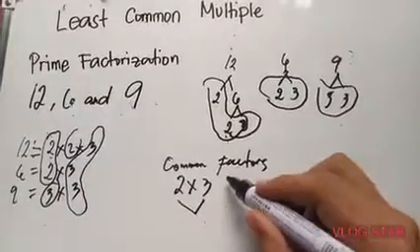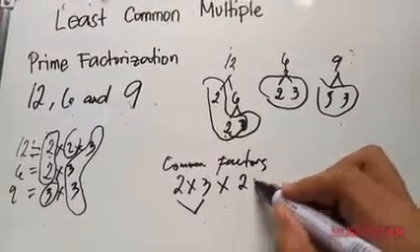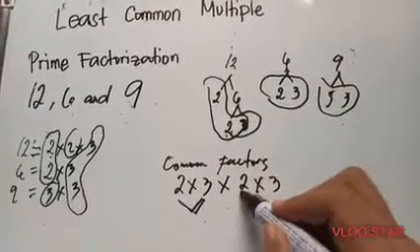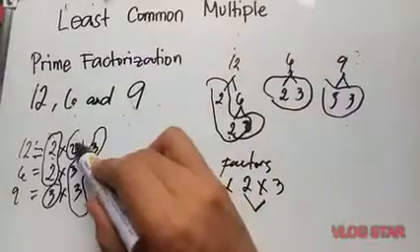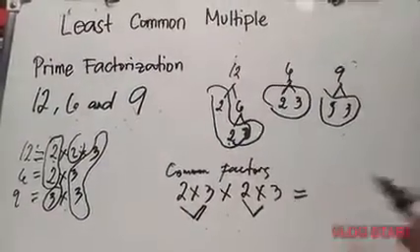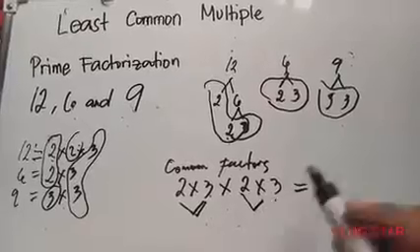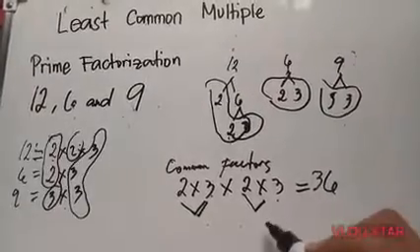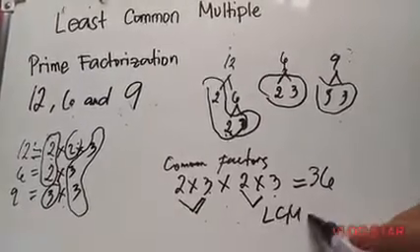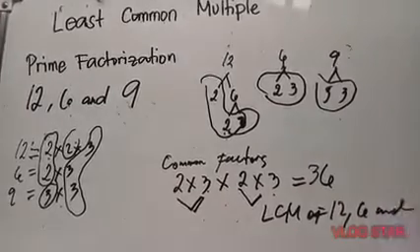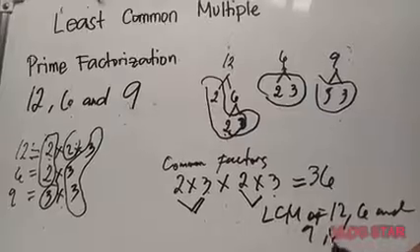Again, this is the common factor, then 2 and 3 are the remaining factors. So multiply: 2 times 3 is 6, times 2 is 12, times 3 is 36. So it means that the LCM of 12, 6, and 9 is 36.